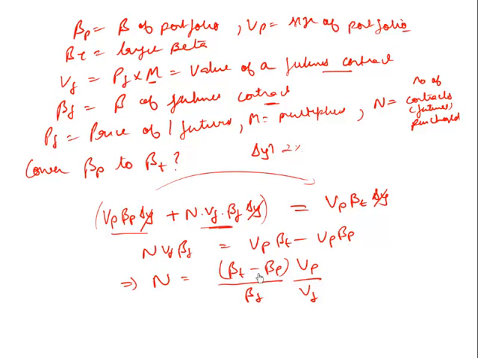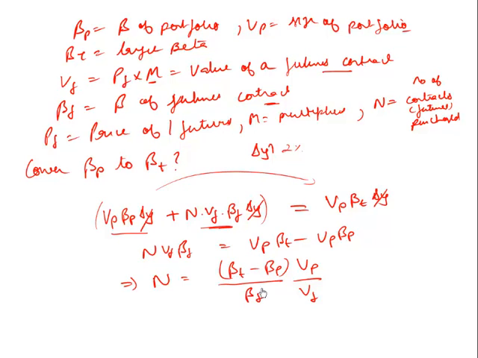So it will be beta T minus beta P upon beta F into Vp by Vf. Vp is the value of the portfolio, known. Vf is the value of one futures contract, also known. Beta target is a target beta. Beta P is the current beta of our portfolio. And beta F is the beta of the futures contract.